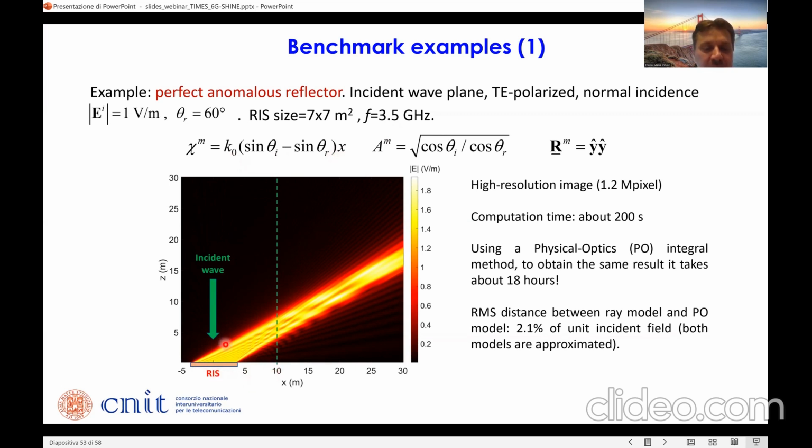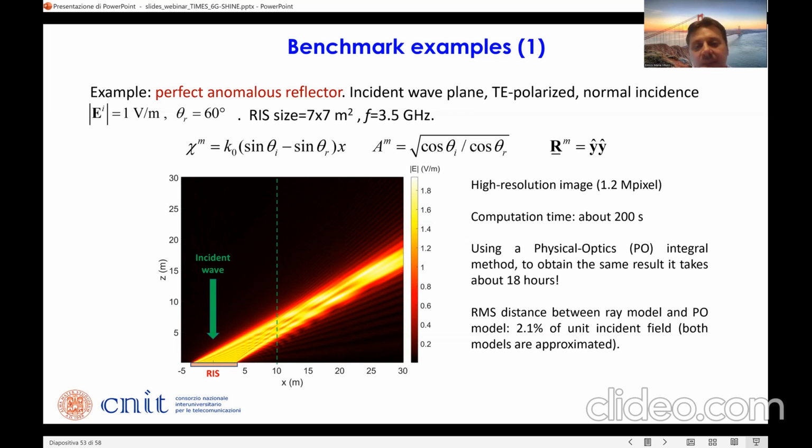So from the figure, we can clearly see the reflection cone centered along the direction theta equal to 60 degrees with respect to the normal. And we can see all these fringes, which are clearly caused by diffraction. So diffraction is really needed to reproduce in a realistic way the behavior of the radiated field.